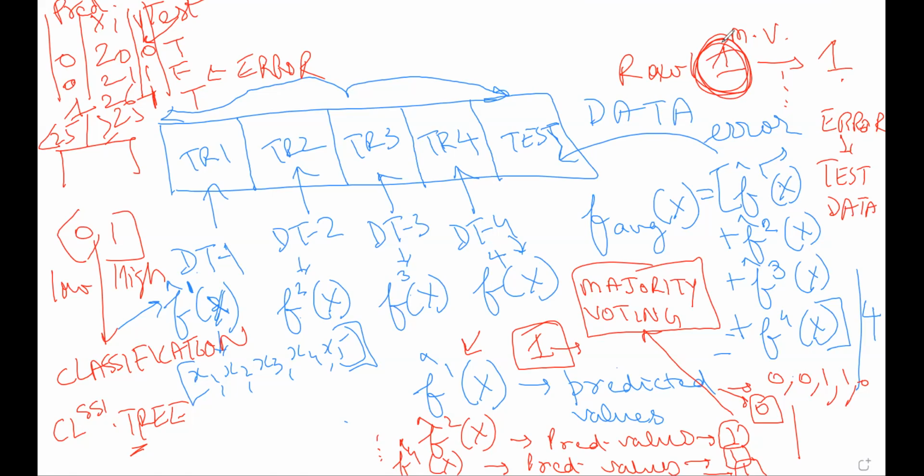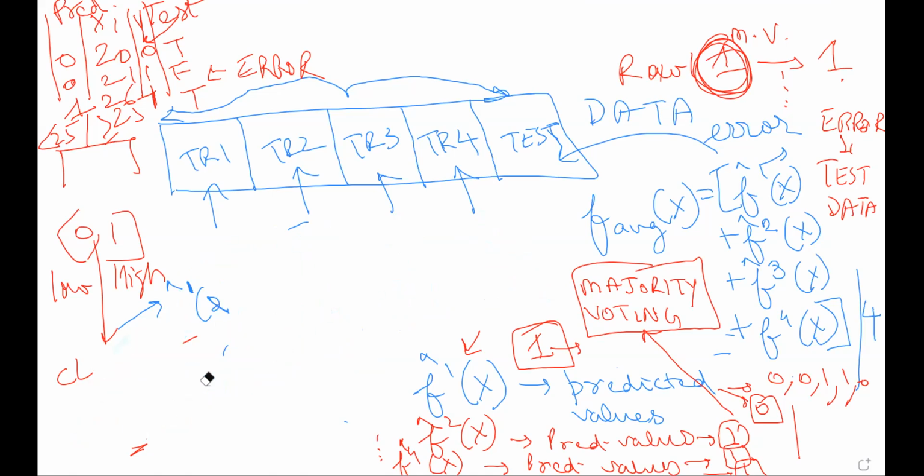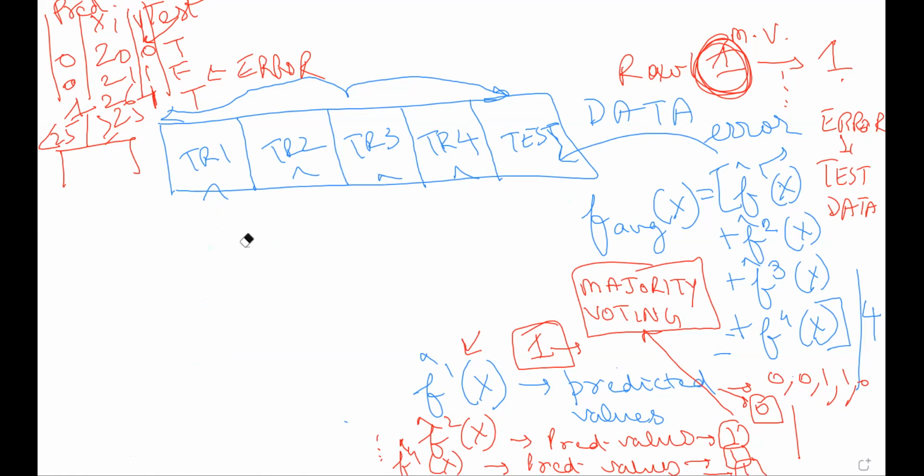Okay. So I'll rub something off and I'll do the same thing for the regression problem. I'm going to do something similar for regression trees. So no more classification trees. My dependent variable is no more a 0/1 variable. My dependent variable is now of the continuous type.